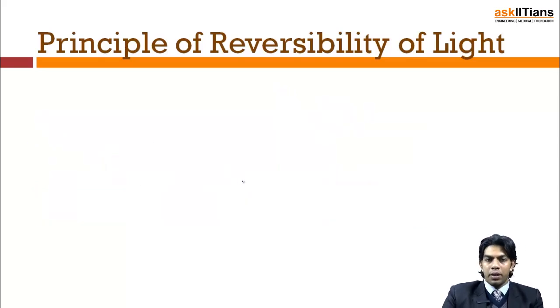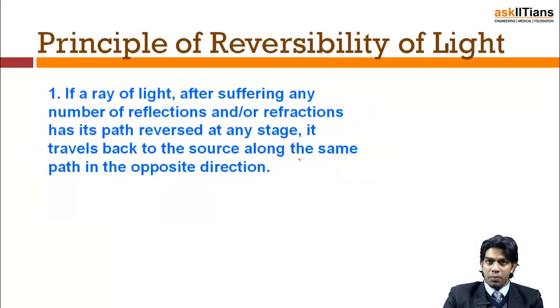Now, for the principle of reversibility of light, I will work through a particular set of conditions. If a ray of light, after suffering any number of reflections and refractions, has its path reversed at any stage, it travels back to the source along the same path in the opposite direction. That's the first condition, which we have extensively discussed in the example of me entering a room, all guns blazing.